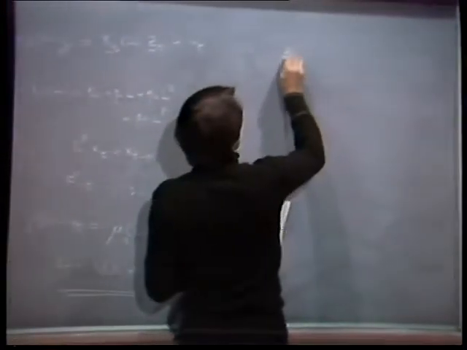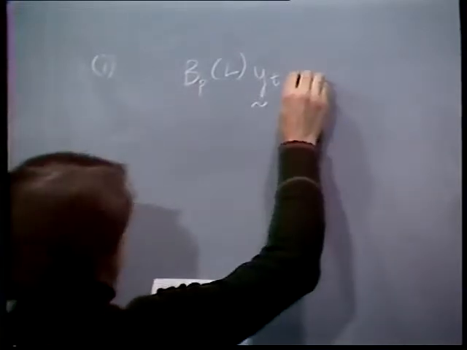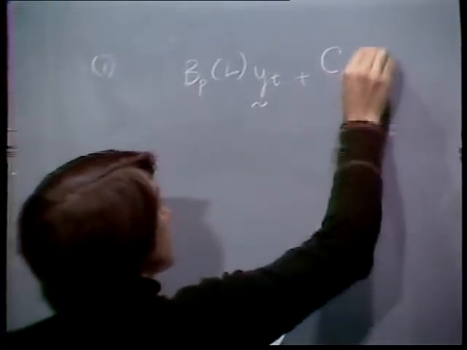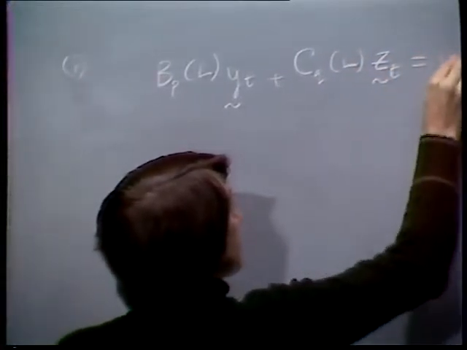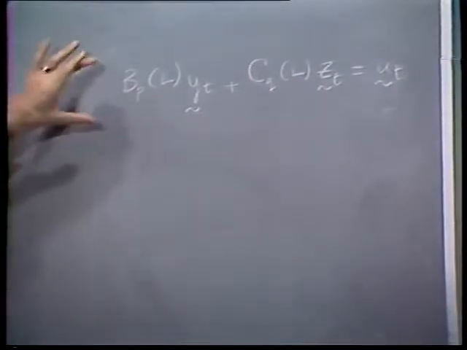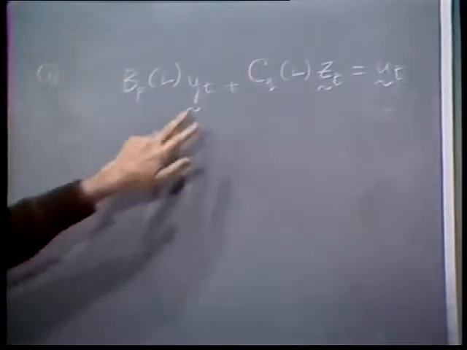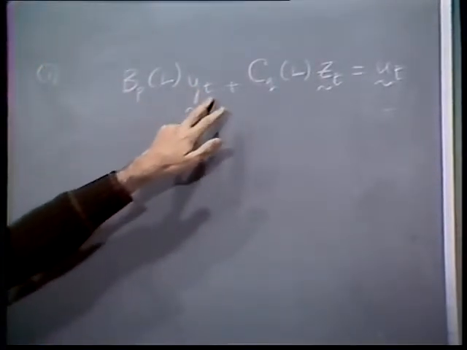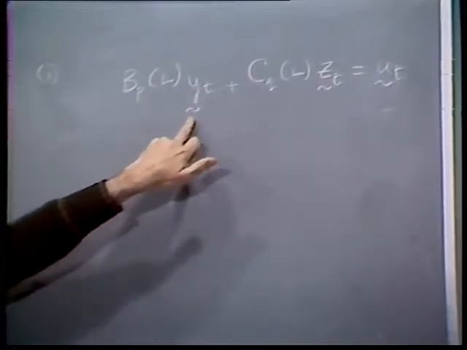So we could have a model, again in usual econometric notation, where we have, say, a system of n endogenous variables, and the n endogenous variables at time period t are in the vector y with the tilde underneath.